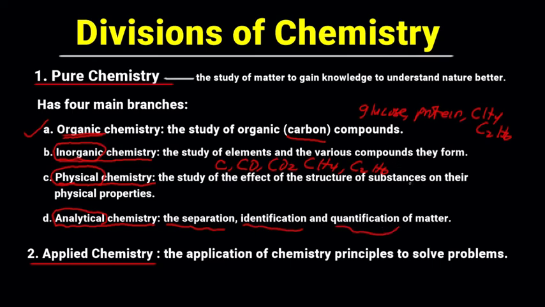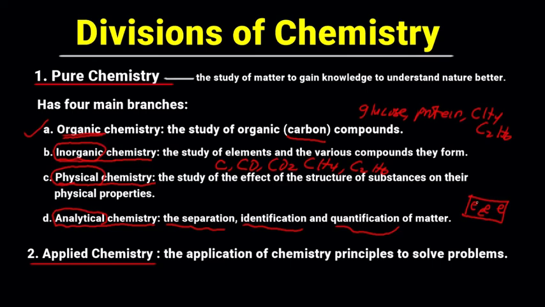Now, after knowing what this substance is made up of, I now want to know how much of the elements that makes up the solid. All right. So for analytical chemistry, we want to know the substances, or let's say the elements that make up a substance, and then the quantity of those elements that make up the substance.